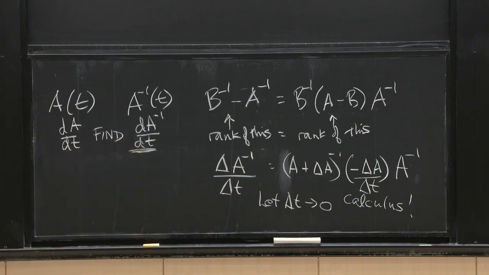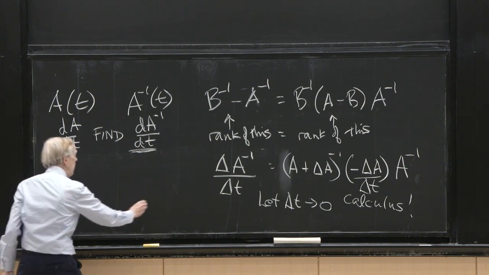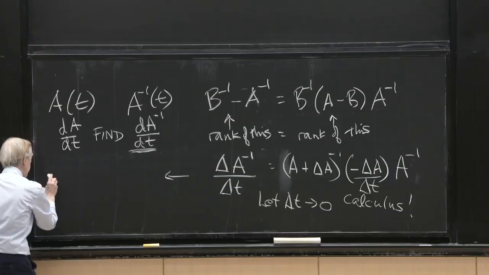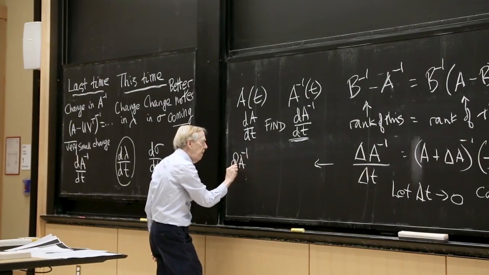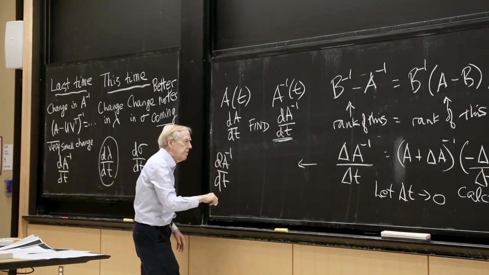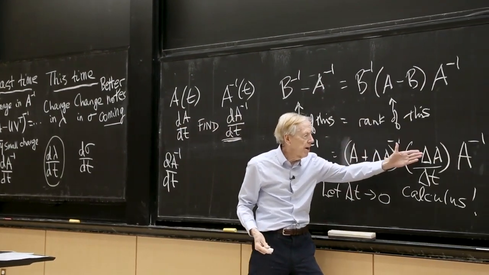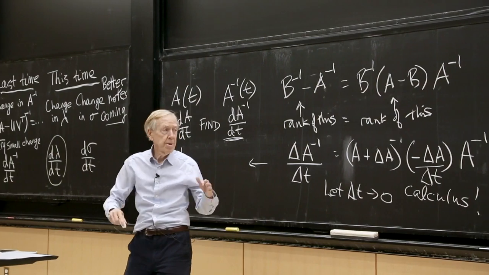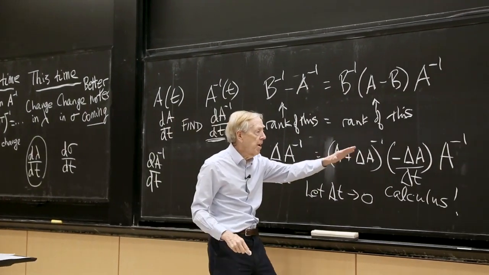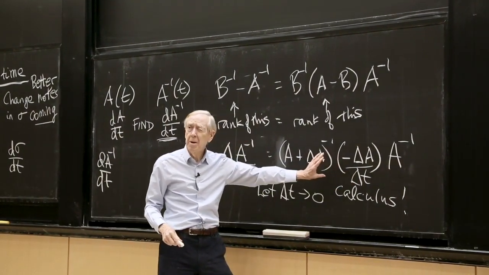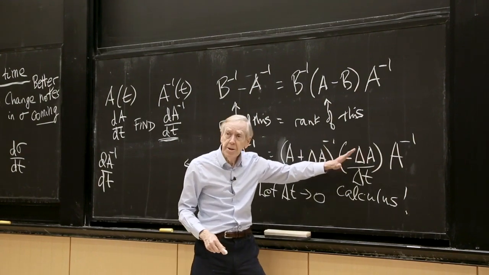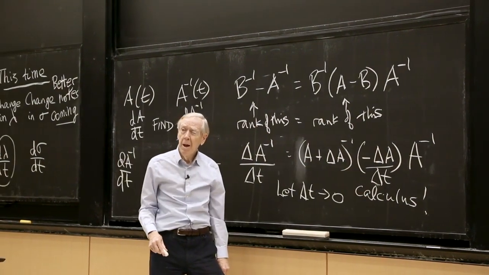Now let delta t go to 0. So what does this equation become? Everybody knows that in the limit as delta t goes to 0, I replace deltas by d. So this delta A divided by delta t has a meaning. The top has a meaning and the bottom has a meaning.